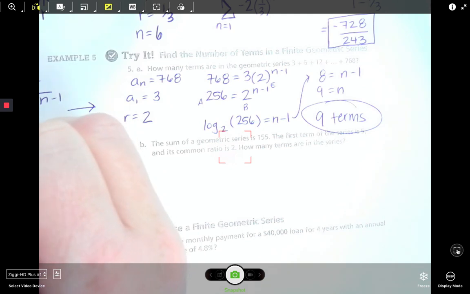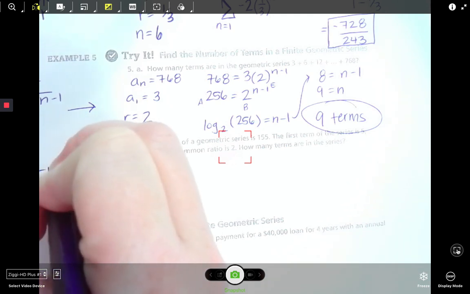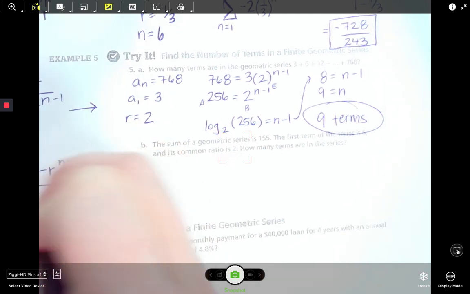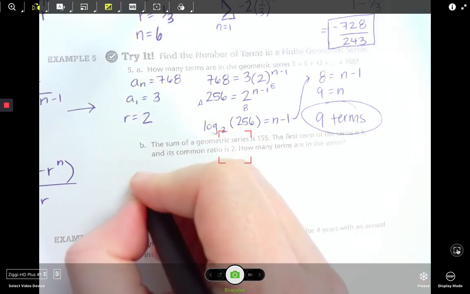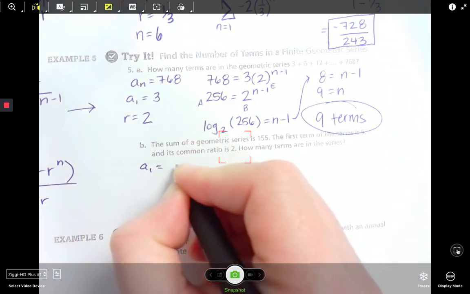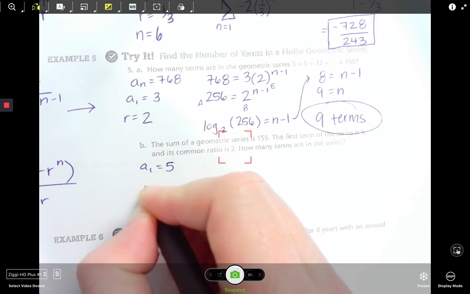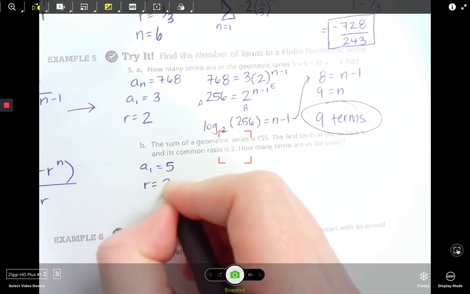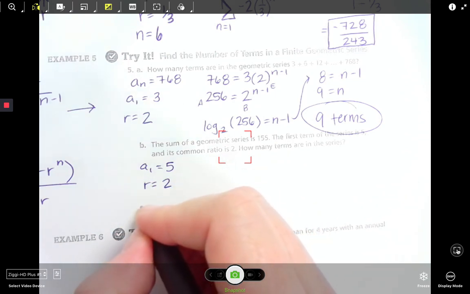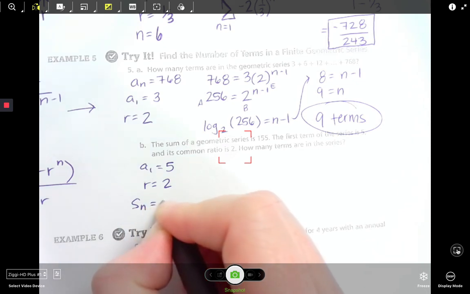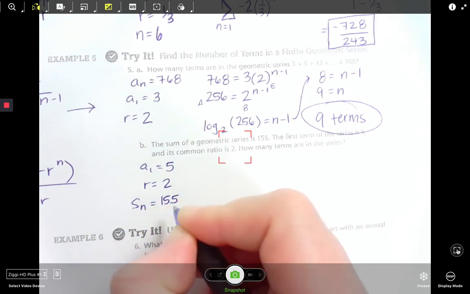We're using that formula that's at the top, a sub 1 times 1 minus r to the n over 1 minus r. So our first term, a1, is 5. r is 2. And s sub n is equal to 155.